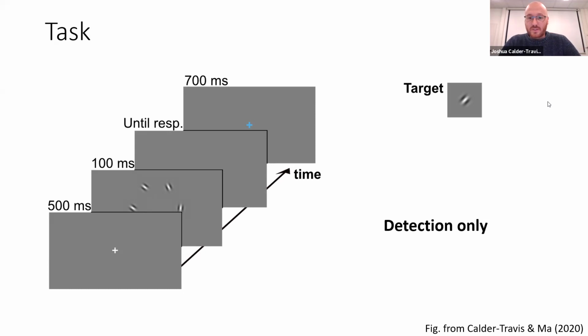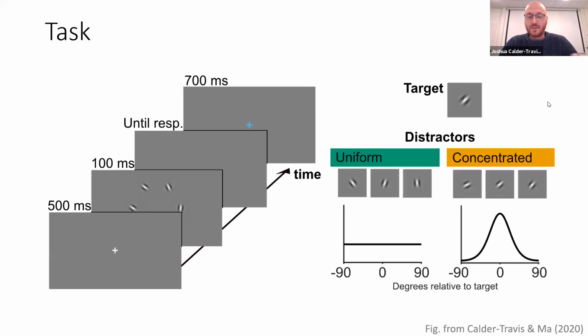Another difference to Andrea's study is that we had 2 different distractor environments. So we had 2 different conditions in which the distractors were drawn from different distributions. In the uniform condition, distractors were drawn from a uniform distribution and could take any angle with equal probability.